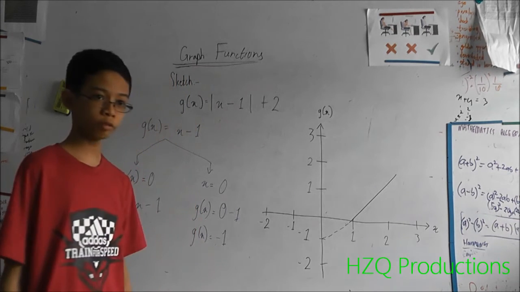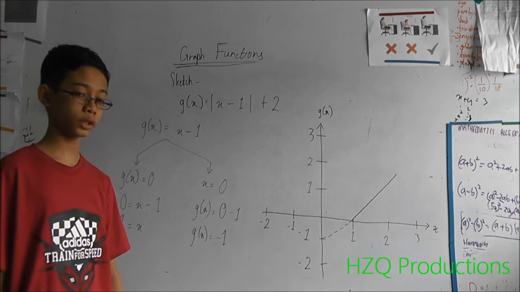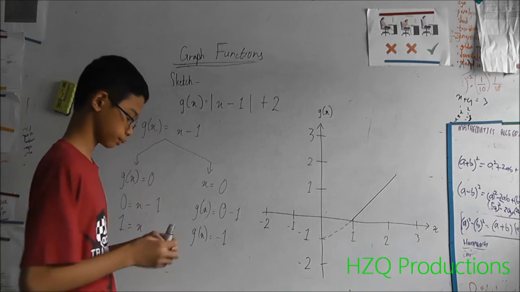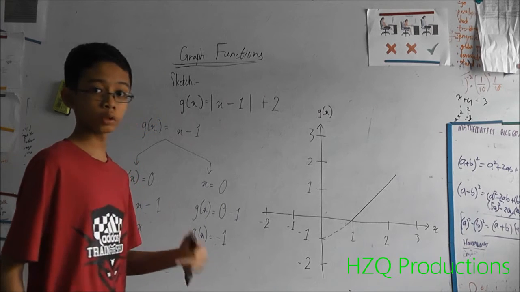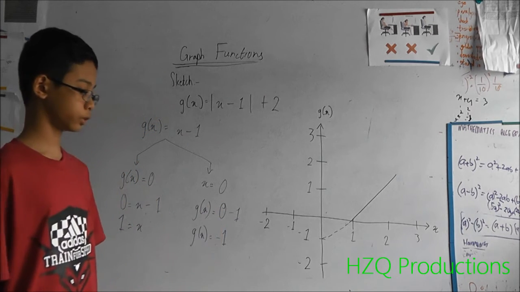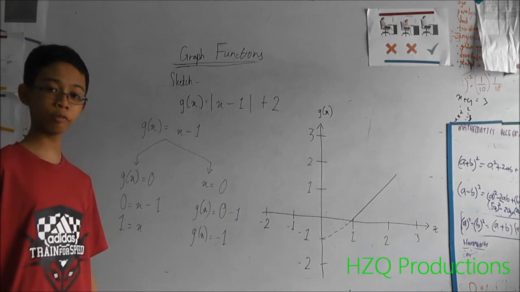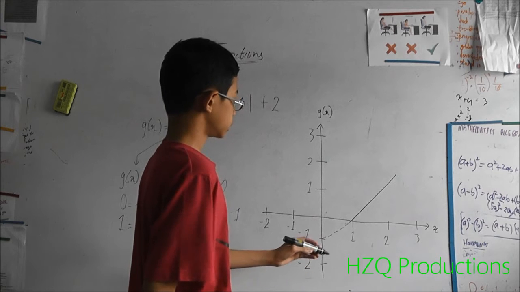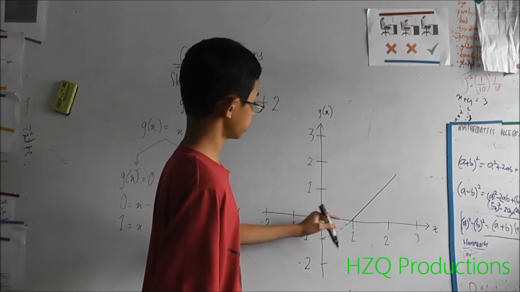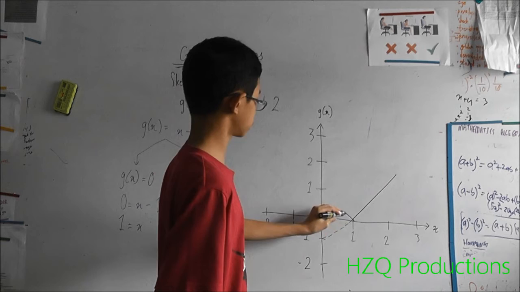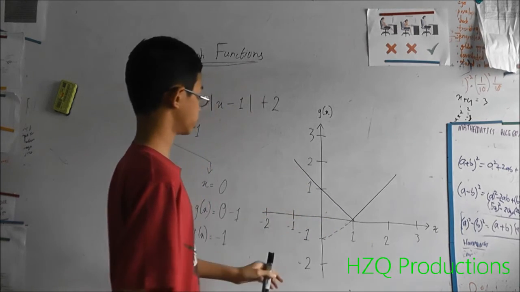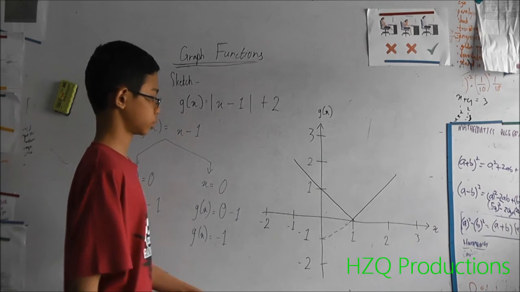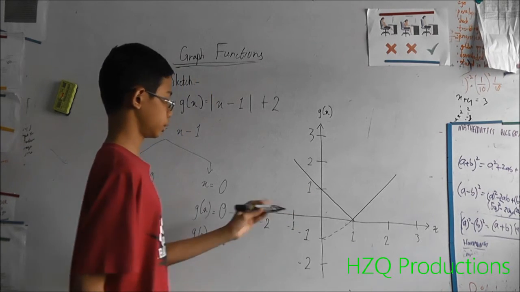Now, in physics, we have learned about reflection. I think you've learned this when you were in class. Some of you have learned this in previous classes. You reflect this line at the x equals 1. Don't reflect on other parts but 1, because it has to be very accurate.